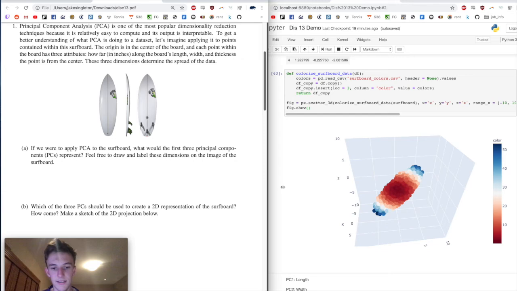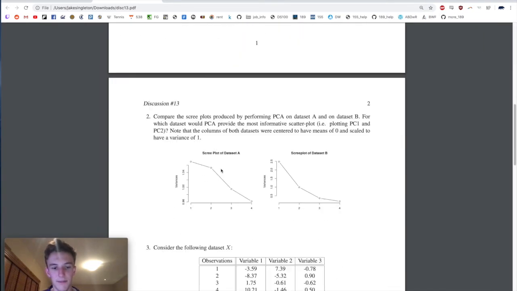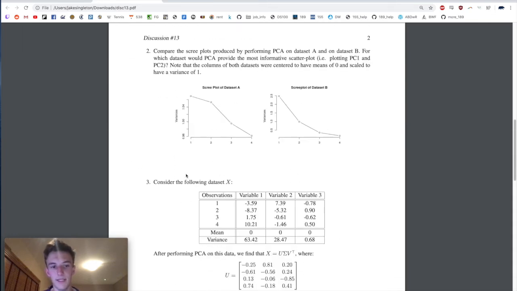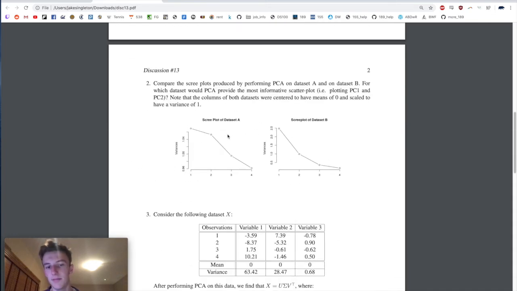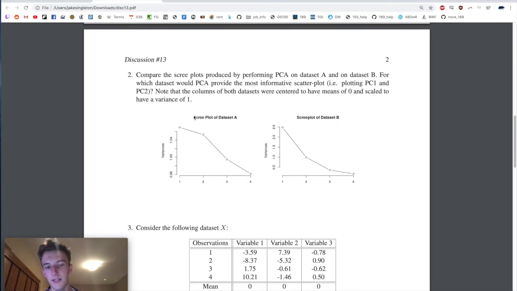Part C is, there's no real code needed for it. We can just simply look at this, or question 2 rather, not part C, gives us this scree plot. So what a scree plot is doing, and you'll see this in homework 8, and I know we talked about this a bit in lecture as well, is it's showing us how much variance is explained by each principal component. So there's no x-axis label here.